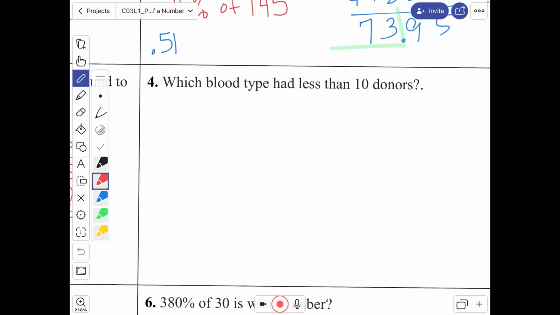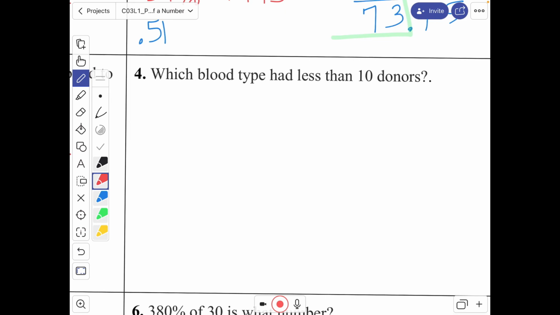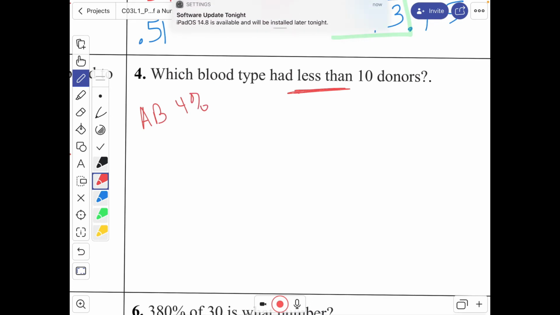Number 4. Which blood type had less than 10 donors? Well, it's really not that hard of a question because less than 10 donors, not less than 10%. So we know probably type AB because AB has 4%. So we need to find 4% of 145.